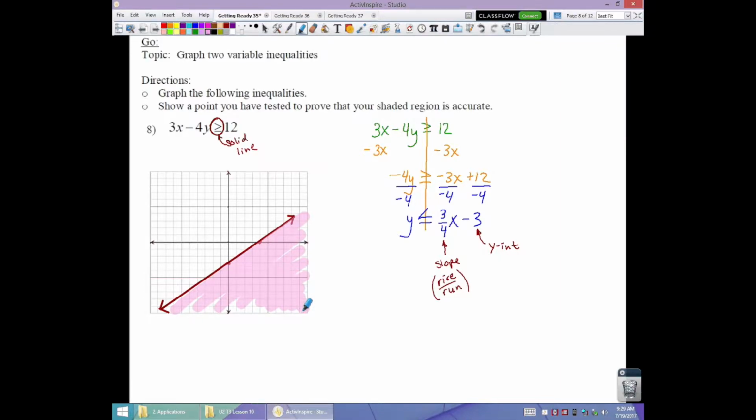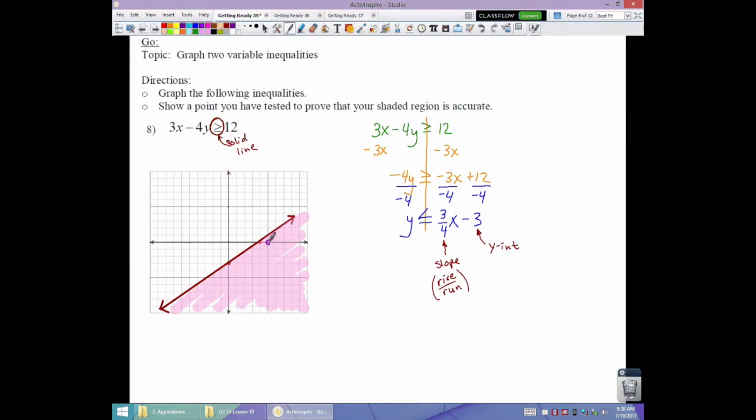Okay, and the second bullet up here in the directions tells us, show a point you have tested to prove this is accurate. So that means I'm to select any point out of this shaded region and substitute it back into the original inequality to make sure it does really work. Well, you can choose any point. I would always try to keep it as simple as possible. So if you can pick one of the intercepts, I can't choose 0, 0 in this case because that point should not work.